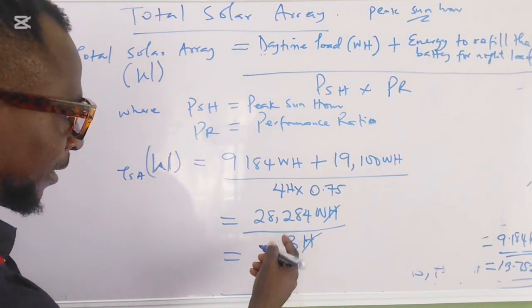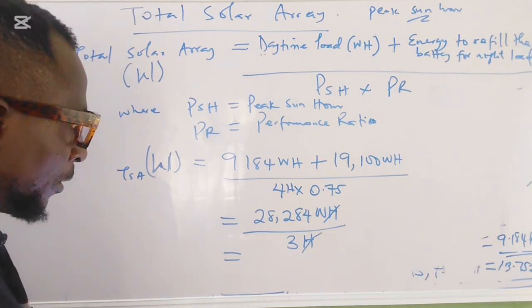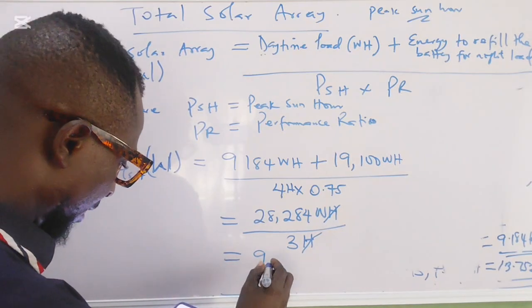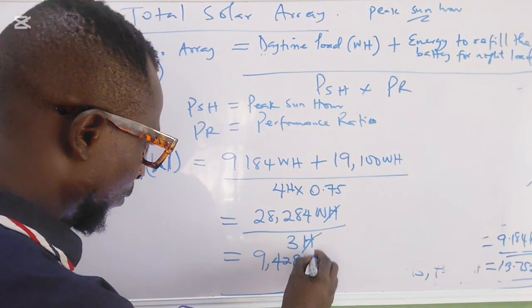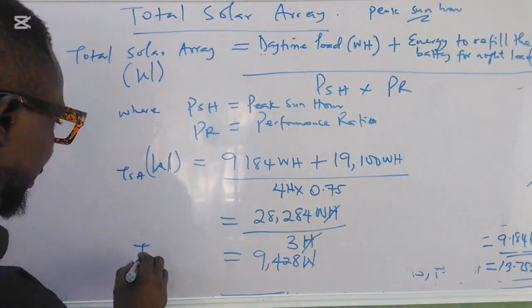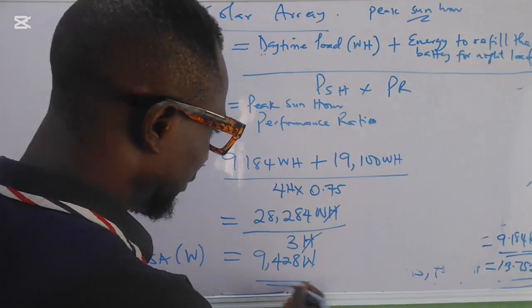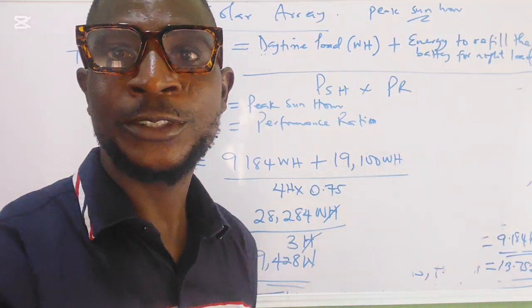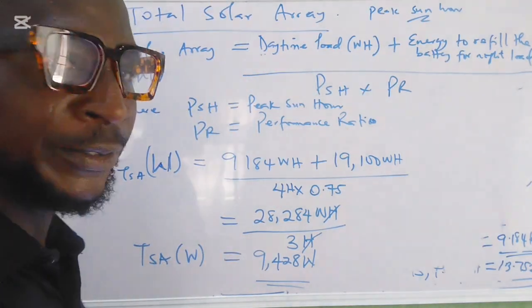That means we have 28,284 divided by 3, so we have 9,428 watt. The total solar array in watt is equal to this, the total solar system we need to run the daytime load and also refuel the battery for night usage.